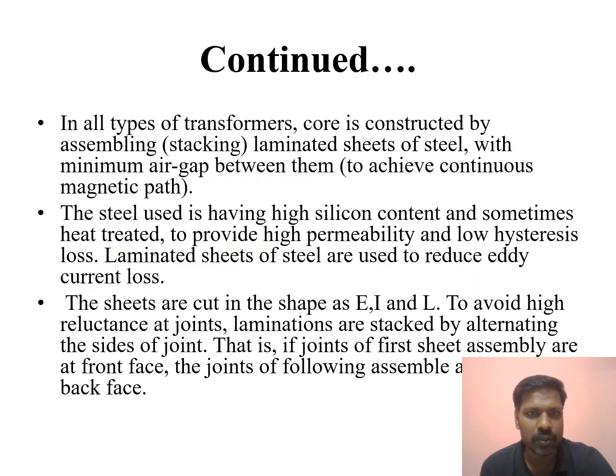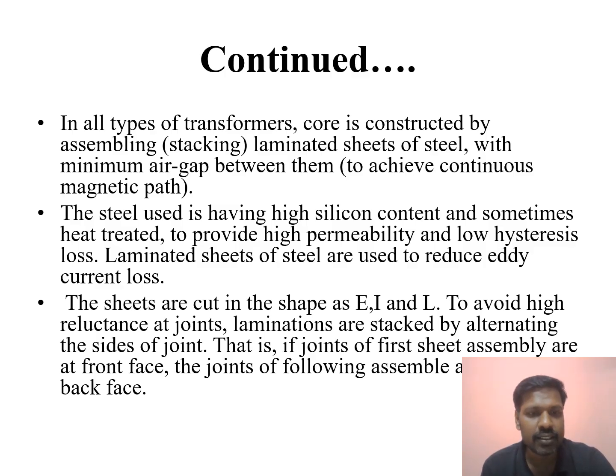Laminated steel core. In all types of transformer, the core is made by stacking thin laminated sheets of steel with a minimum air gap to create a continuous magnetic path. The steel usually has high silicon content and may be heat treated to provide high permeability and low hysteresis losses.